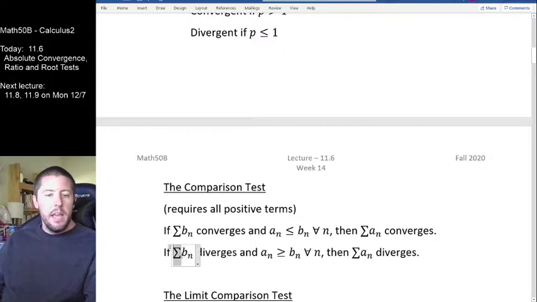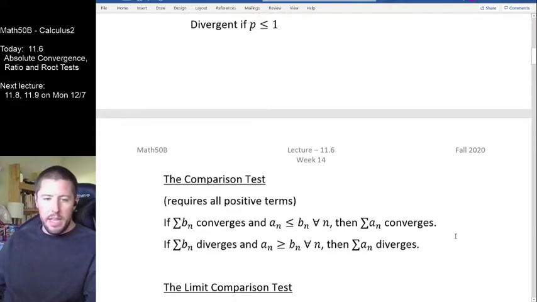And conversely, if we have a comparison series that we know diverges, and if all of the terms in our series are individually each larger than the terms in the known divergent series, then our series of interest, A sub n, must also diverge. That's our comparison test that we looked at in the last video.